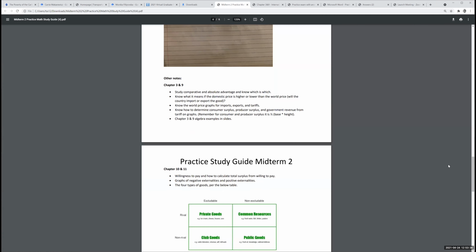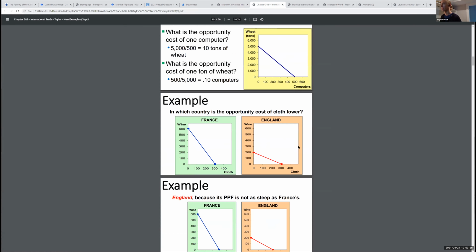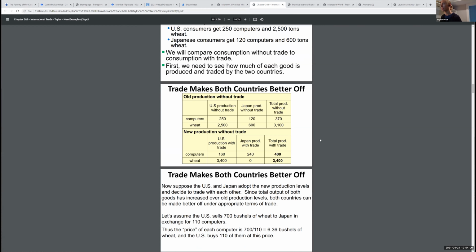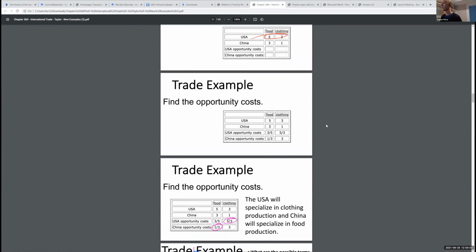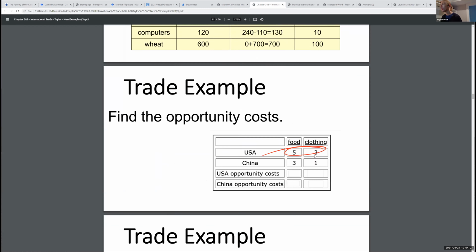Could you just quickly go over absolute advantage and opportunity cost? Yes. Absolute advantage is basically just having greater total production. Let me go to an example, because I think it's more helpful to see it in a real example.